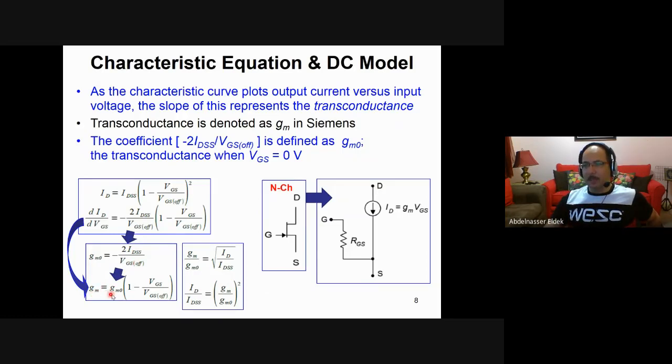And then GM equals GM0 times 1 minus VGS over VGS off. So if you want to model it like this, you can calculate GM using these equations. But this is the main relation for ID.